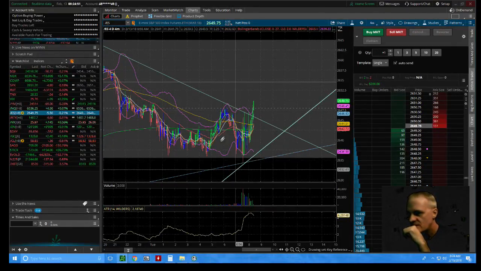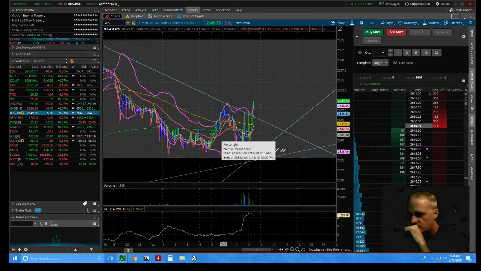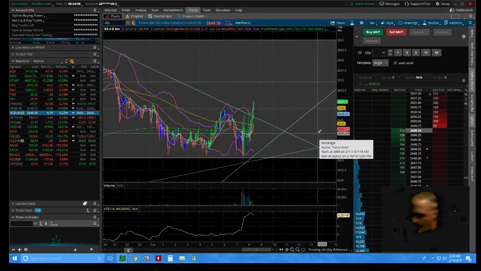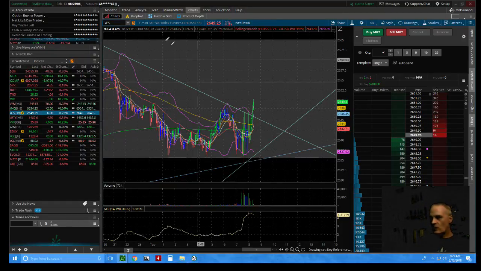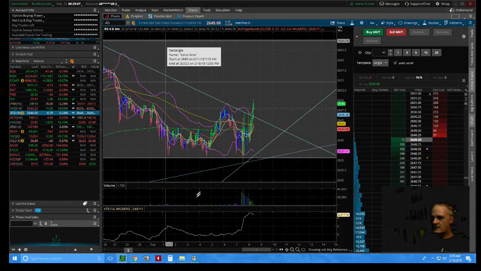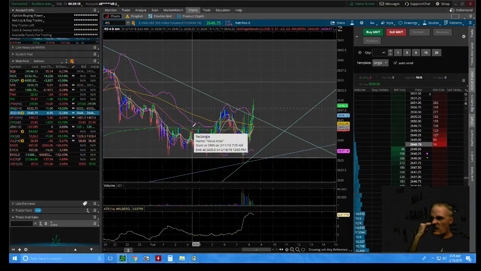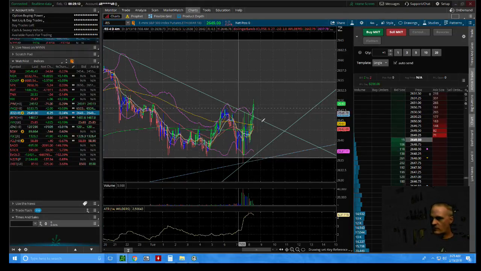Right now, what it looks like to me, because as you're trading markets or as you're watching markets, if you're observing, you want to know three things. You want to be able to answer three questions. What is the market doing? What is it trying to do? And how good a job is it doing getting there? Right now, what is the market doing? Well, it just broke through this trend line.